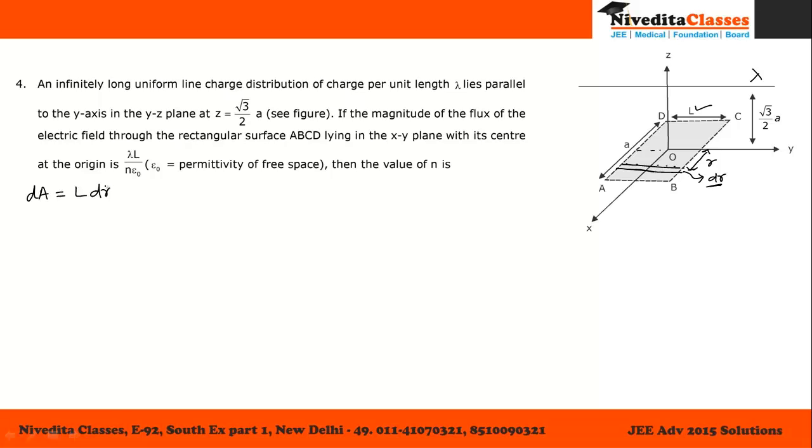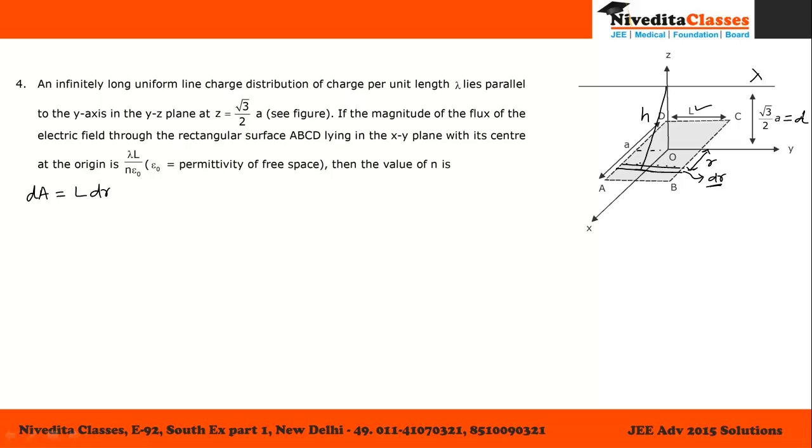Now the electric field due to this wire at this point: let's take this distance as h, and let's say the wire is at a height of d from the origin.